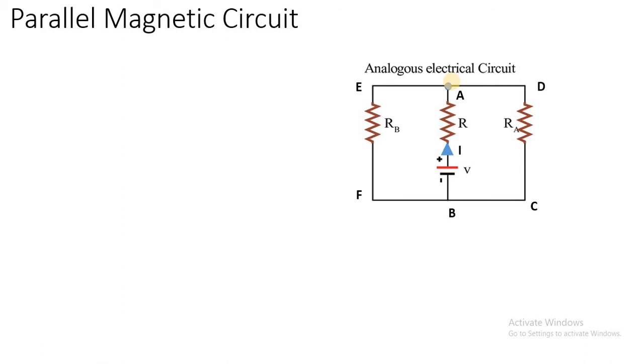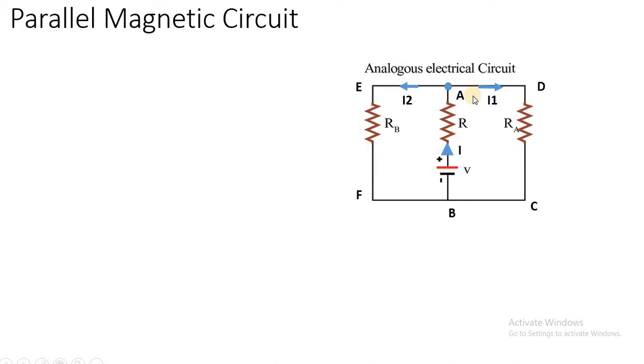Now after point A, this I is supposed to divide into 2 different parts. One part will act as I1, which will flow through the resistance RA, and another part, I2, is supposed to flow through RB.